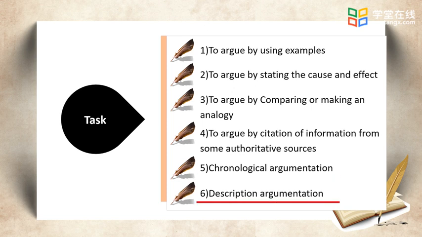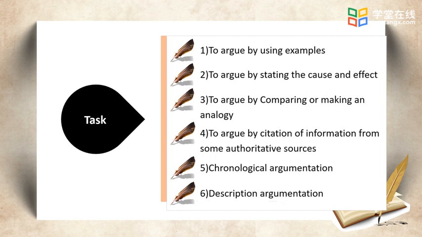The next method is description argumentation, which is similar to the chronological argument structure, except that instead of systematically moving from the argument as it was presented at one moment to how it was presented at the next moment, it is a point-by-point explanation of a place, person, or thing.